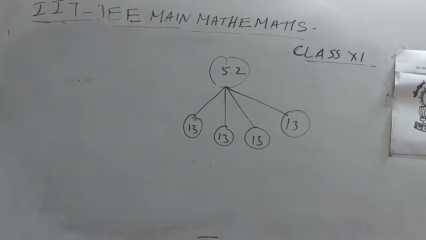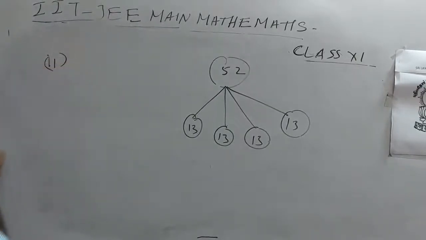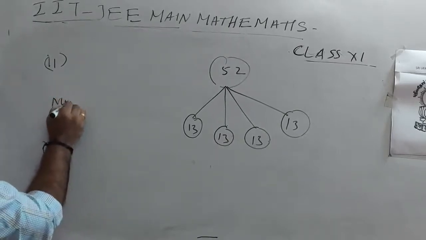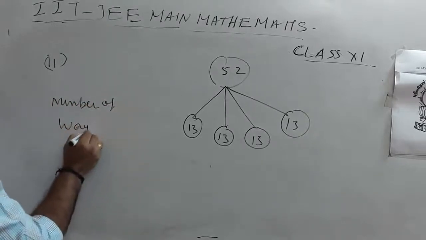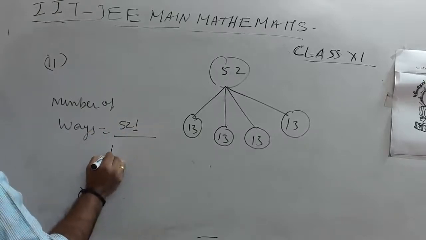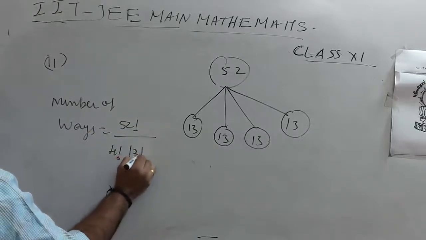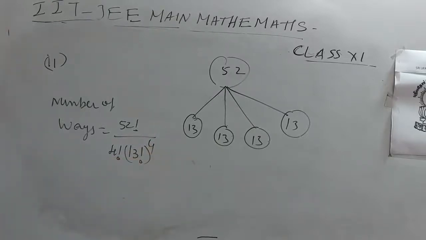The next concept, the same question, in 4 parts. Only 4 groups, not 4 persons, 4 groups. That means number of ways is 52 factorial by 4 factorial into 13 factorial power 4.